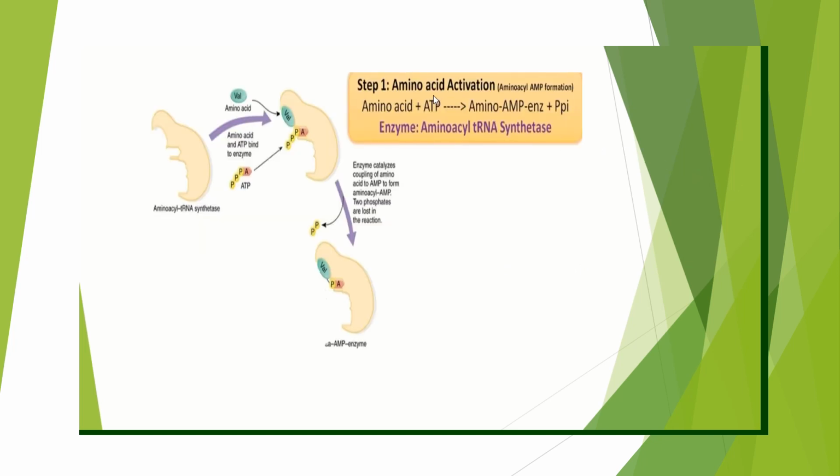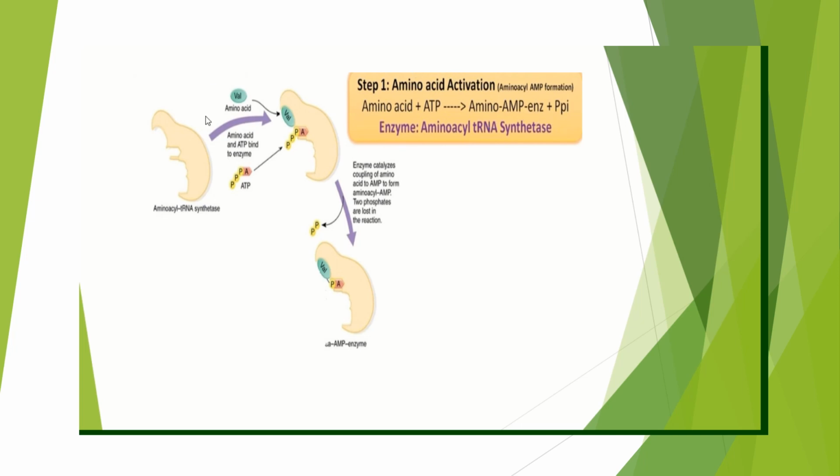So as we can see, the first step in protein synthesis is amino acid activation. It is simply the formation of aminoacyl AMP. Here, the amino acid binds with ATP and forms aminoacyl AMP with the release of two phosphates.